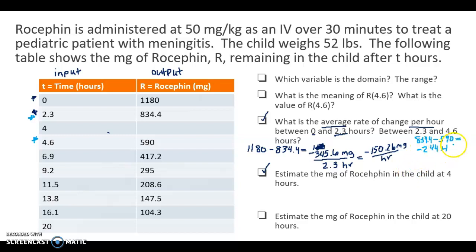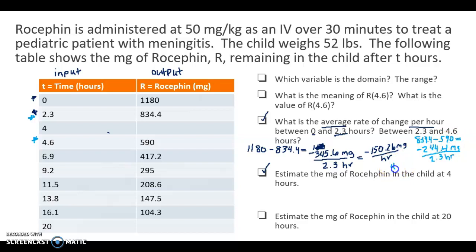And that's the milligrams part, but that's not the per hour part. So I have to do the per hour. So that happens over the course of 2.3 hours. This is not quite as obvious, so let me show you how I got that. The 834 was when we were at 2.3 hours, and the 590 was at 4.6.